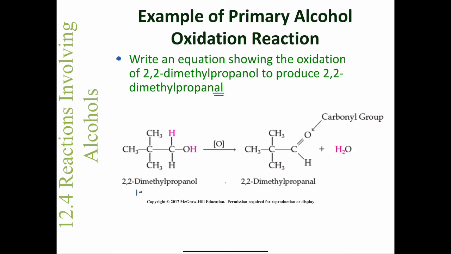It's a primary alcohol because the carbonyl carbon only has 1 carbon attached directly to it. And in order for the oxidation to occur, I have to remove 2 hydrogens, and then I form a double bond between the carbon and the oxygen of the alcohol to produce a carbonyl group and ultimately an aldehyde. Water should also be drawn to show the balanced equation.